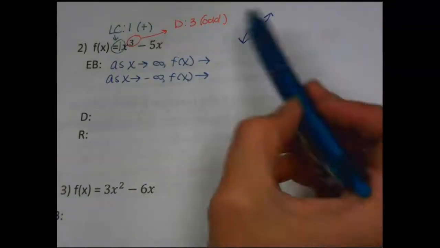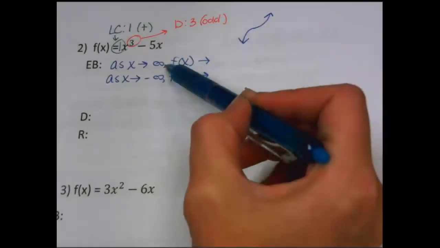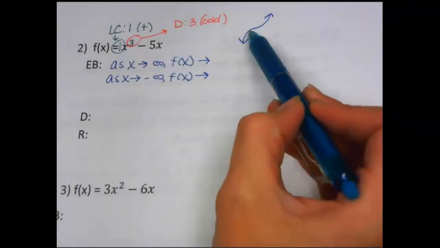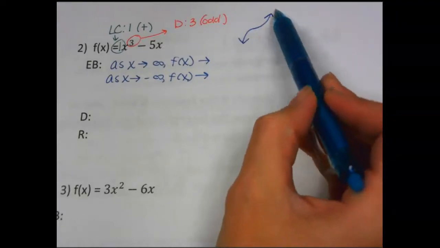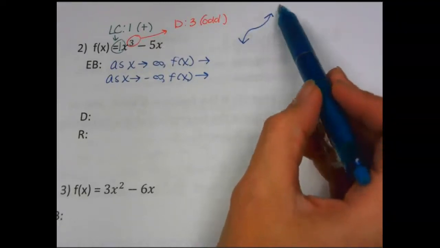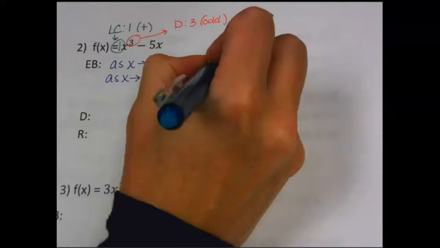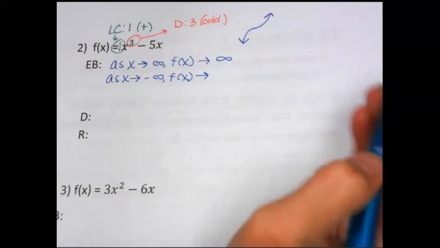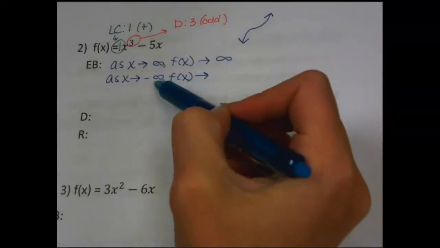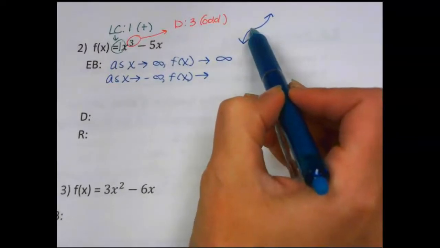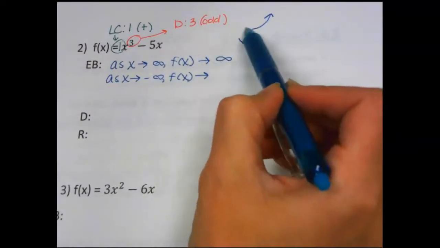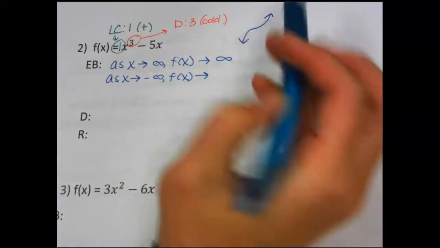Okay, so let's go over and see. As x approaches infinity just means as you go to the right. So as we move to the right, what's this end doing? Well, this end is going up. So it means it's going towards positive infinity. And as x goes to negative infinity just means as you move from the middle to the left, what's happening to your graph? Well, your graph's going down.